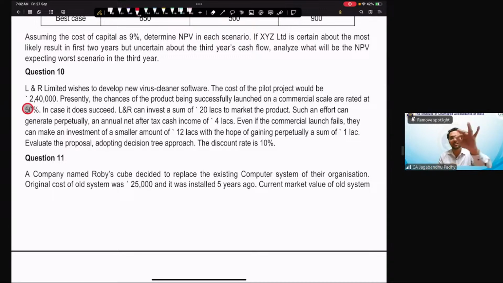In case it does succeed, now you are at that node where it has succeeded. If it succeeds, L&R can invest a sum of 20 lakh to market the product. So once it succeeds, it is upon you to invest an additional 20 lakh, right? And how are we going to utilize the 20 lakh? The 20 lakh is going to be utilized for marketing the product, for selling the product, for advertising, right?